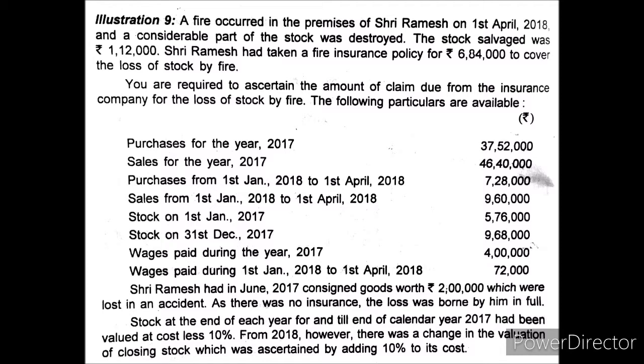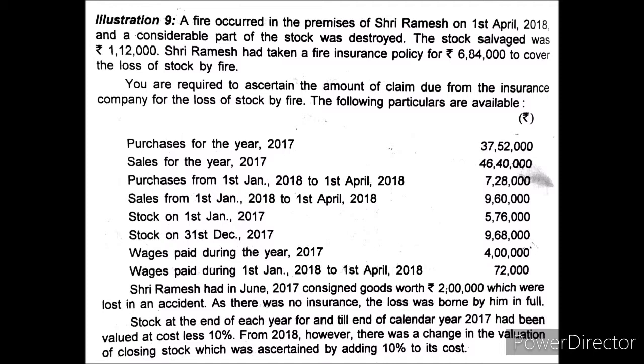So from the year 2018, they made slight changes in the valuation of closing stock: they ascertained the value by adding 10% to its cost. We'll deal with all those adjustments when we do the numerical.